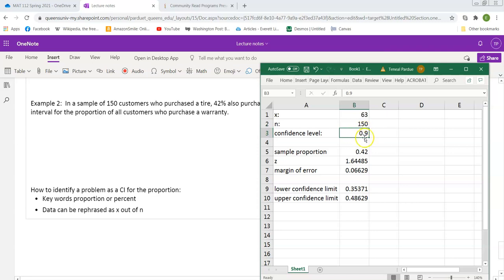And now if we change our confidence level to 0.99, that is all we have to do is change those three numbers, and we don't have to do any more computations because Excel is doing it for us.